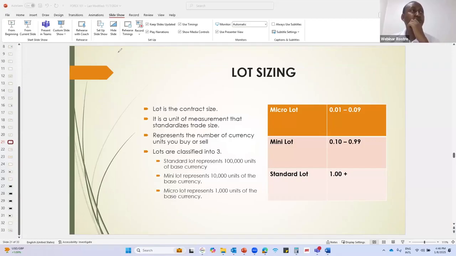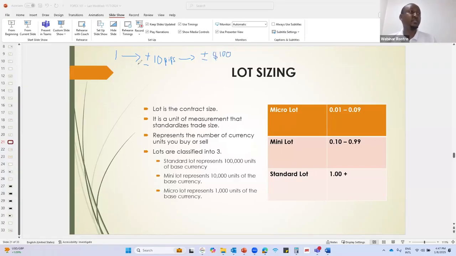When you combine the pips and the lot, this is the basic formula, and you cannot change a formula. For every one standard lot that you use, for every plus or minus 10 pips movement, you will make or lose $100.